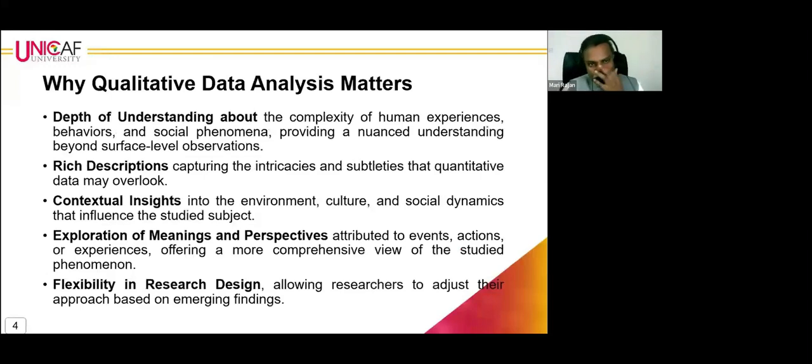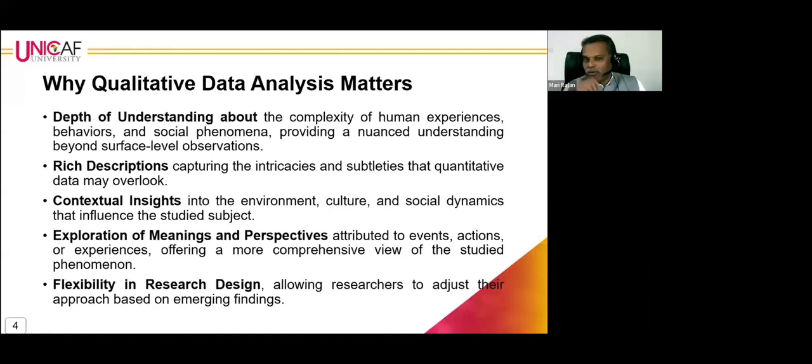Let me move on to why we need qualitative data analysis. Is it important, or is it necessary? If you are asking me, I can say it's very much needed in academic inquiry or academic discourse. It is necessary, because most of the time we restrict ourselves to numbers.